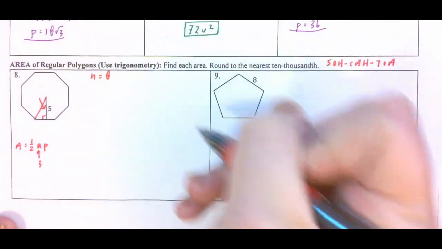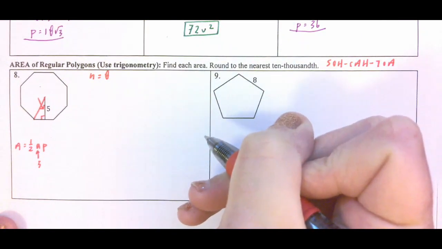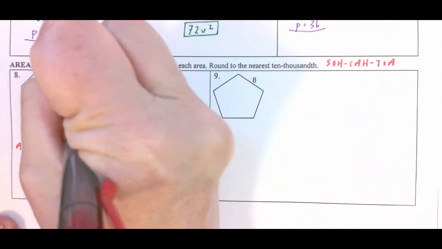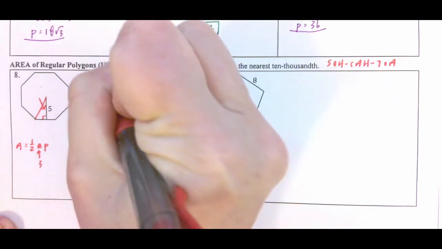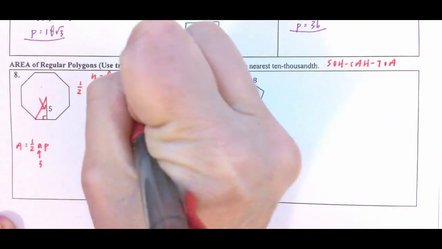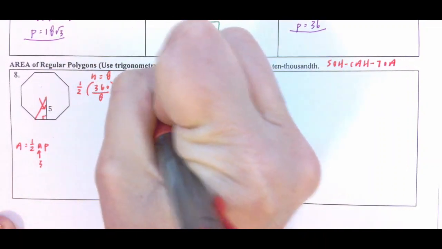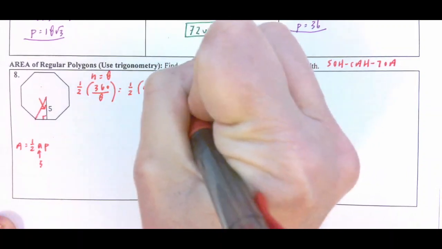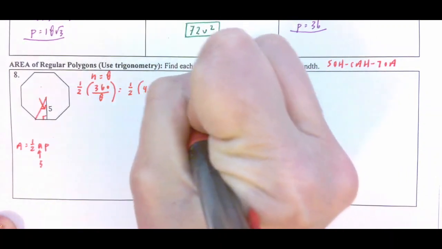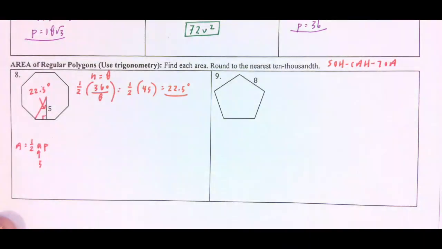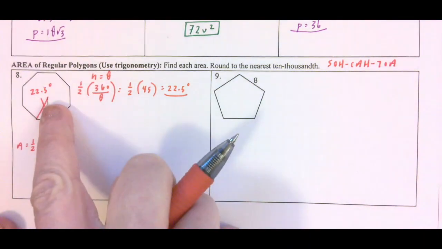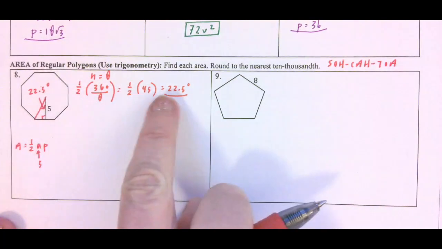N is 8. So if I want half of a central angle, I need to do half of 360 divided by 8. So half of 45 gets me a measure of 22.5 degrees. All right, so now I know that this measure right here is half of a central angle.